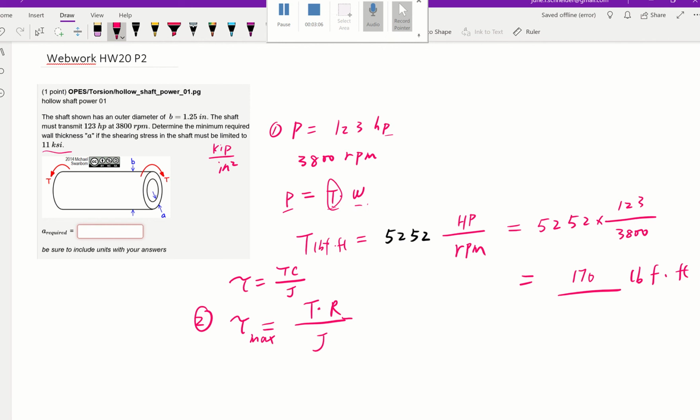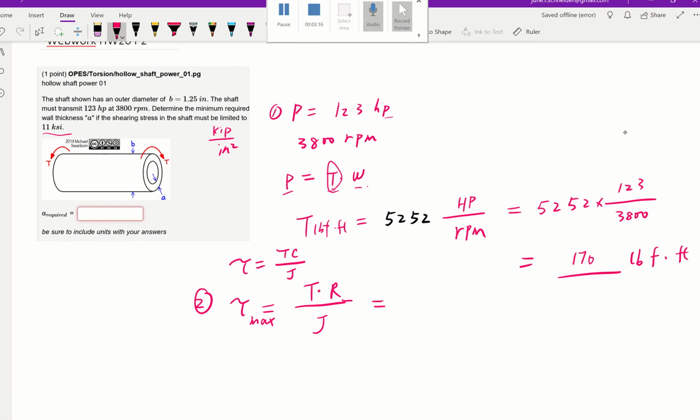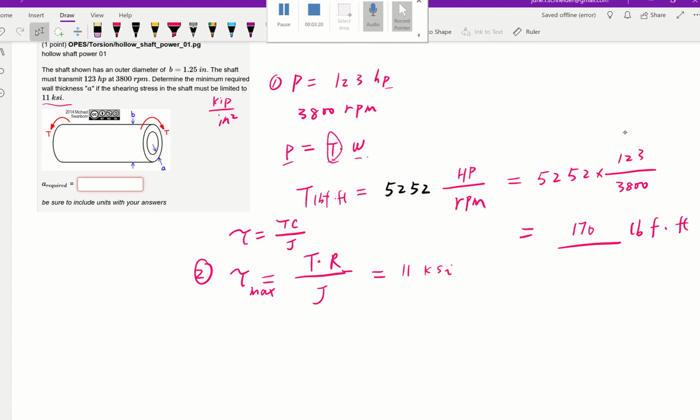The outer edge has the maximum value, and this maximum cannot be higher than 11 KSI, so we equate it to 11 KSI. We just figured out the torque from power transmission is 170 pound-foot.